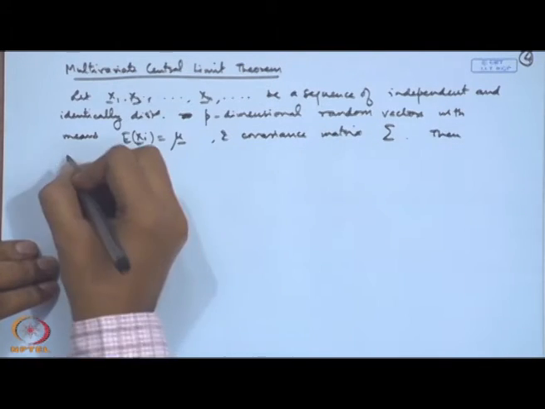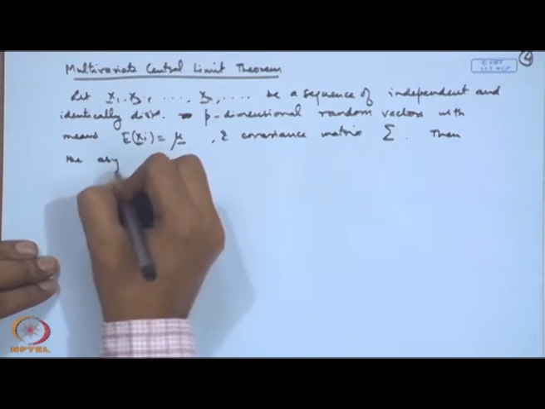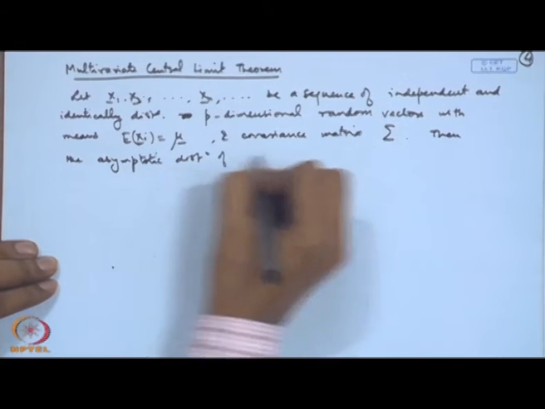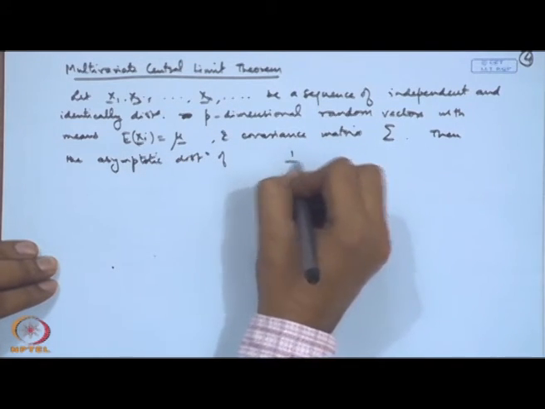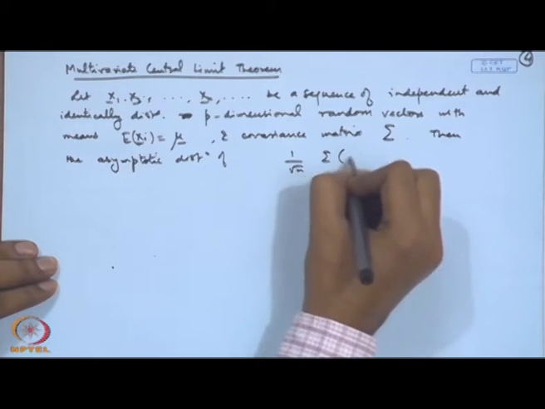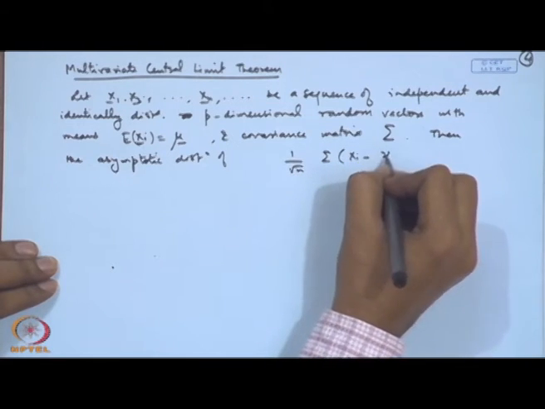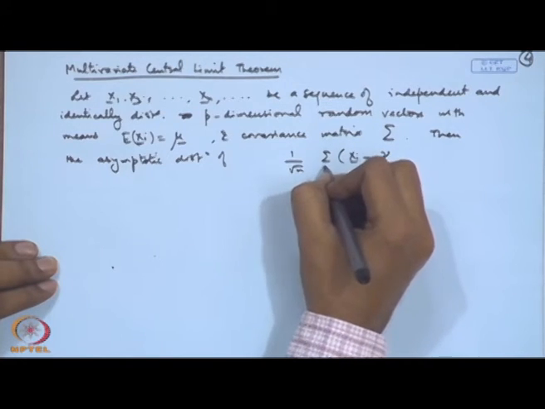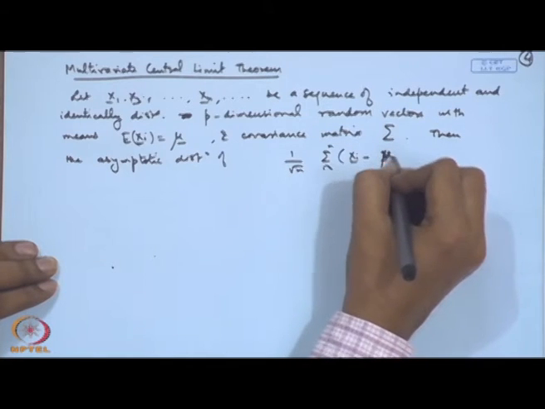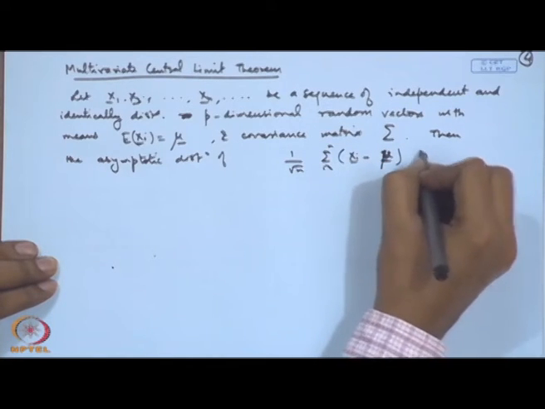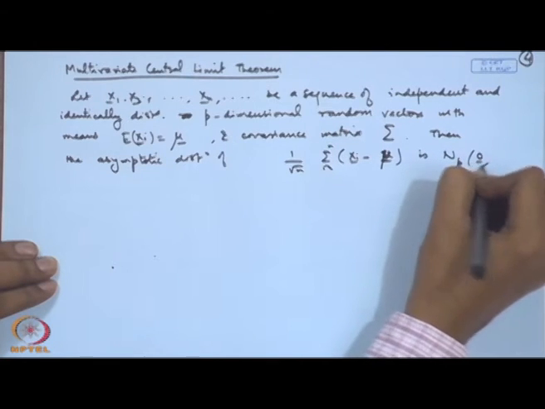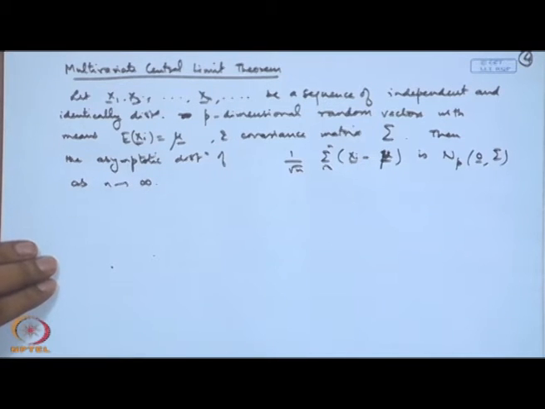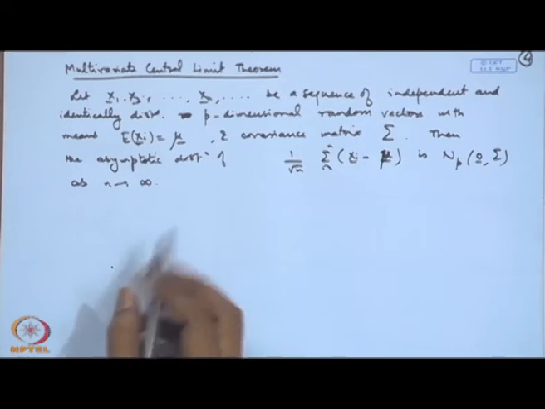Then the asymptotic distribution of 1 by root n sum of x i minus mu, i is equal to 1 to n, is N p 0 sigma as n tends to infinity. So, this is a version of that.